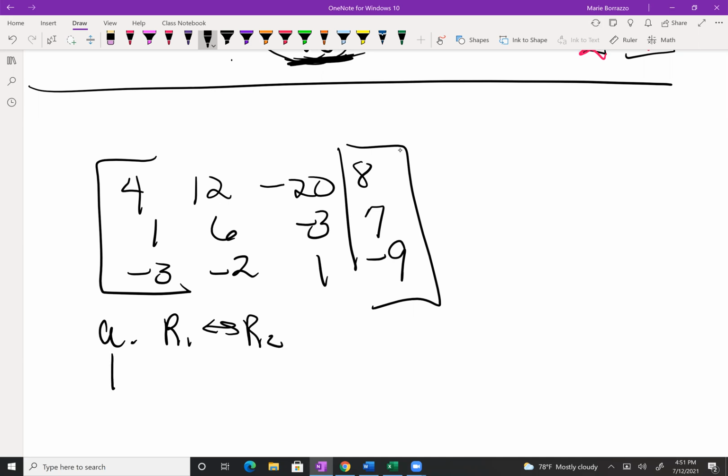What is that going to look like? In B, I want you to take 1/4 times row 1. And in C, I want you to do 3 times row 2 plus row 3 again, but it could be any row. Could be row 1 as well. All right, go ahead. I'll give you a few minutes. And tell me when you're ready for me.